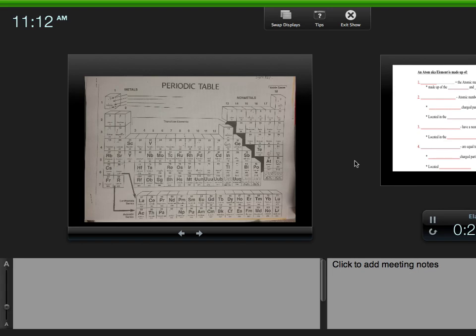Do you see that? The nucleus is also known as the atomic mass. Yes, but I didn't subtract to get the atomic mass. I subtracted to get the number of the neutrons.